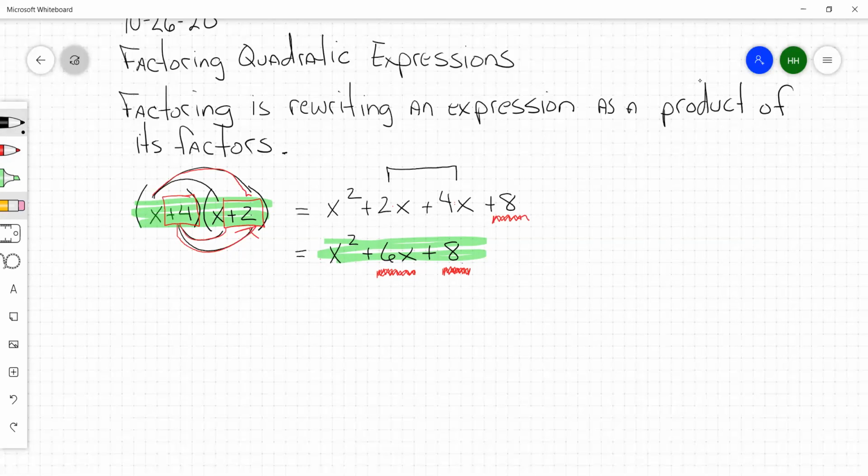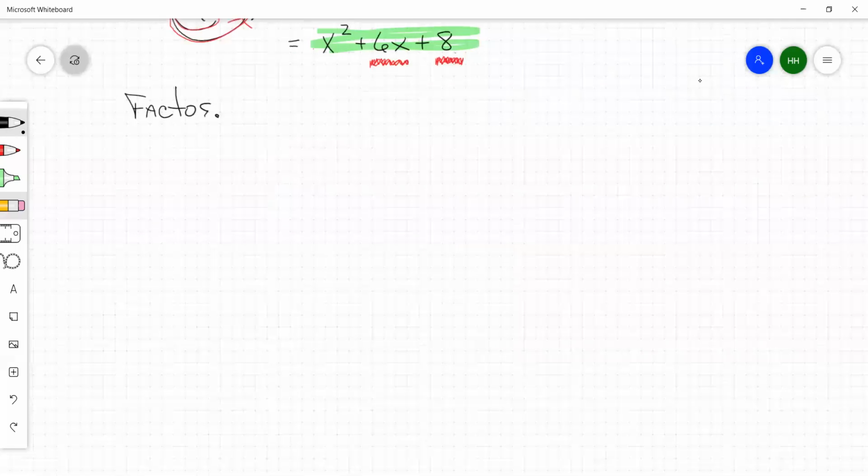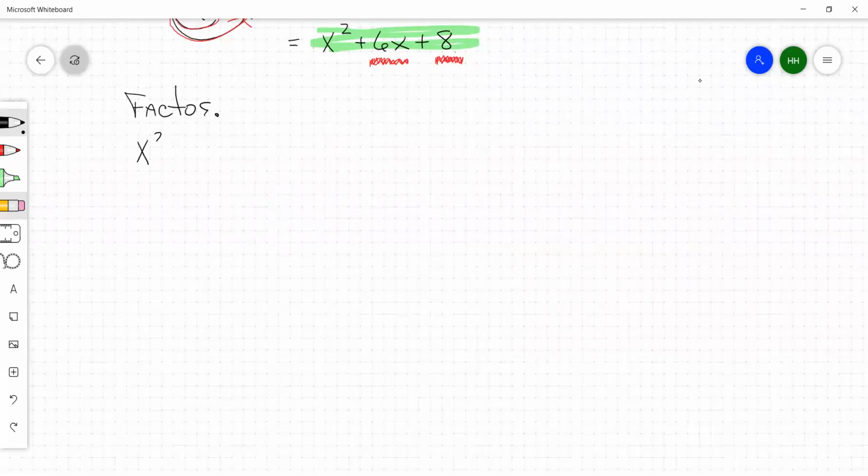So now what we're going to do is we're going to factor. And we're going to start off and we're going to factor x squared plus 9x plus 20. All right. And when we factor x squared plus 9x plus 20, we are going to break this down into two binomials.